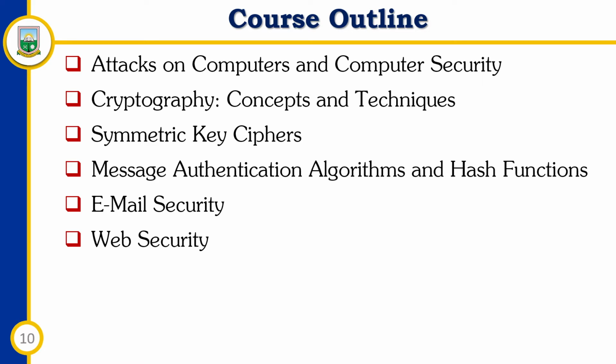I might fuse or incorporate some new topics within it, depending on how students understand and how the course goes. There might be a few things that I might add. And of course, in the 4th chapter, we will talk about message authentication algorithms and how to use hash functions to help secure most of the messages that we send across the network. And we'll delve into email security and also web security.